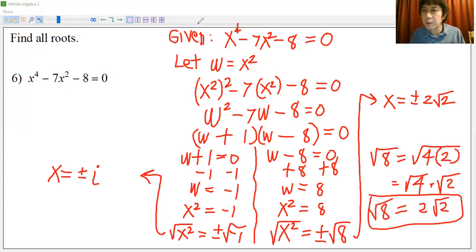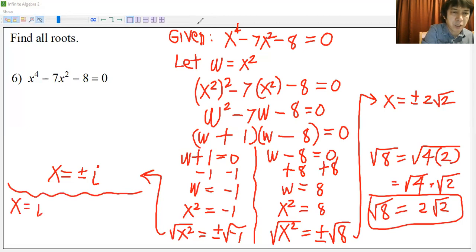And so we have the roots. Our roots will be, we have 4. We have x equal to i. Also, x is negative i. x is 2 square root of 2.